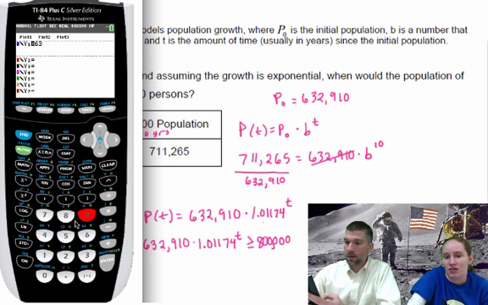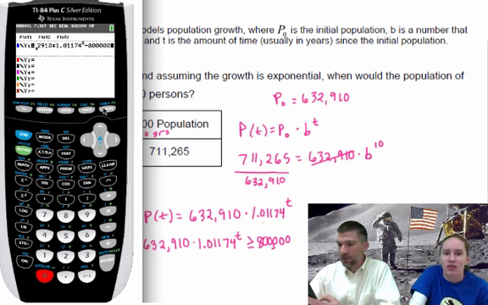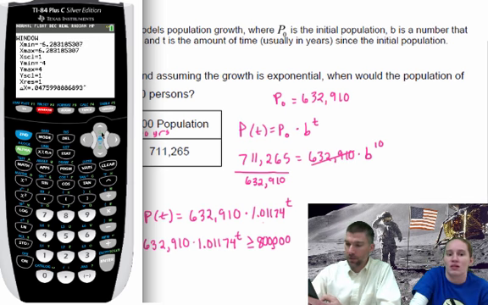And I have to change my window here a little bit. That can happen because we do have some really big numbers here. Yeah, so I'm just going to zoom out a little bit. I'm zooming out. Oh, there it is. Wow, this is quite a far ways out there.